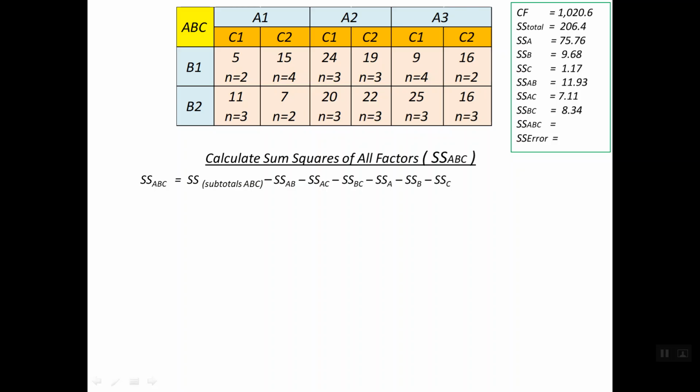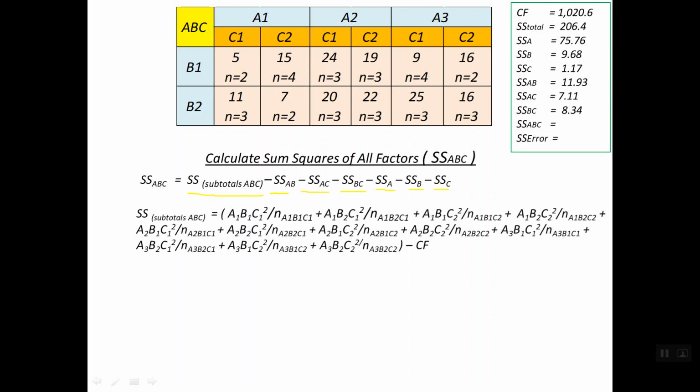First, we need to calculate this unknown value, which is the SS for the subtotals between A and B and C. And we should subtract all the other combinations, and all other SS for the three main factors.